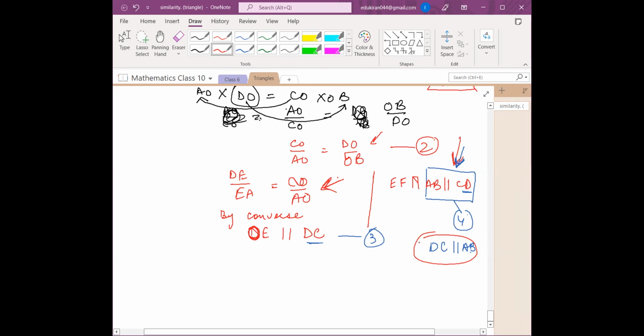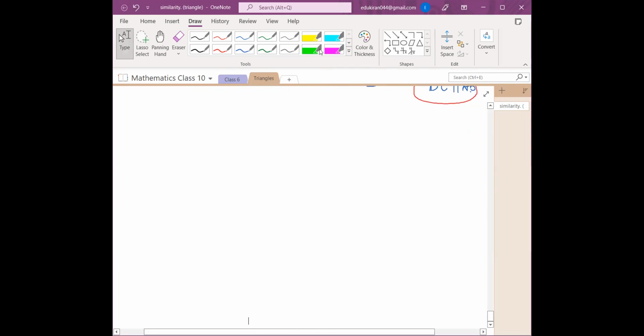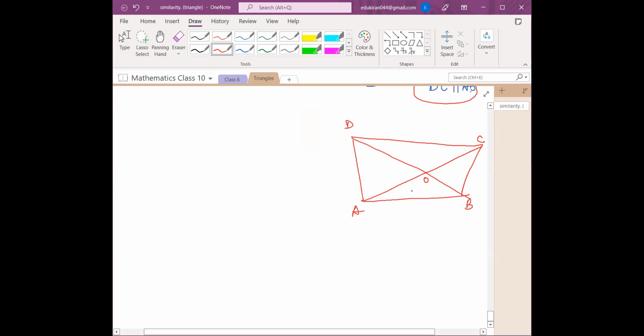Okay, let me show you where your mistake is. The figure will remain the same. You can take any figure, any quadrilateral. Draw it properly. It's something like a trapezium. So I'm taking it as ABCD like this, with O. Actually you have to show that AB is parallel to CD.